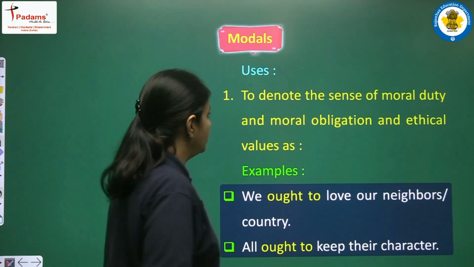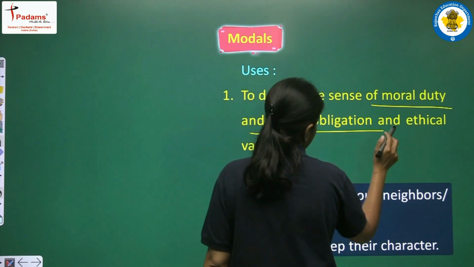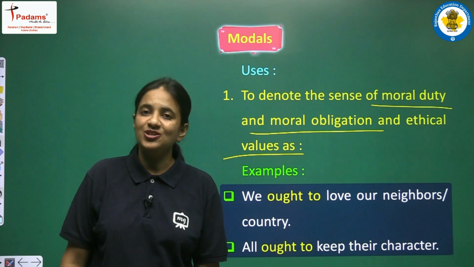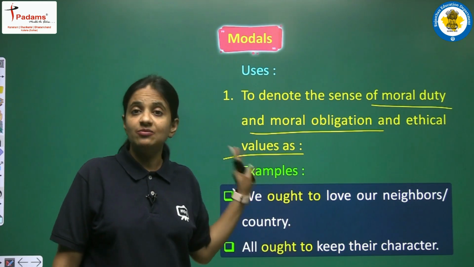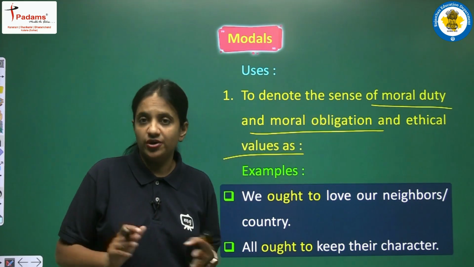It is used to denote the sense of moral duty, moral obligation and ethical values. So here we have the first use of ought to, and according to this point, this modal ought to is used to express the sense of moral duty.